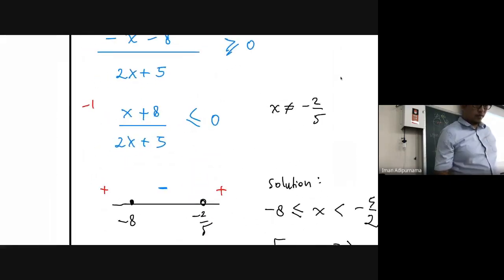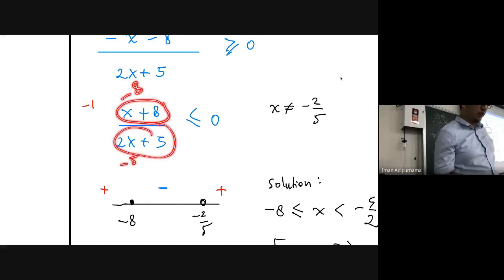So the idea of all inequality, what I suggest, like before in the previous week, you have the rational functions, and for each one, like for the top one, you have the solution, right? It's negative 8. For the bottom, it's negative 5/2, right?